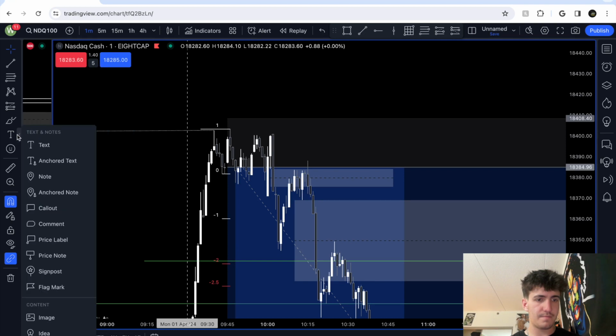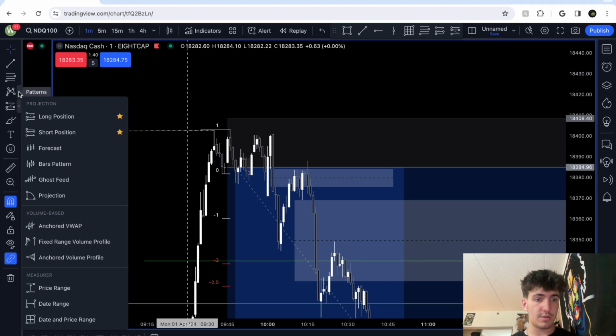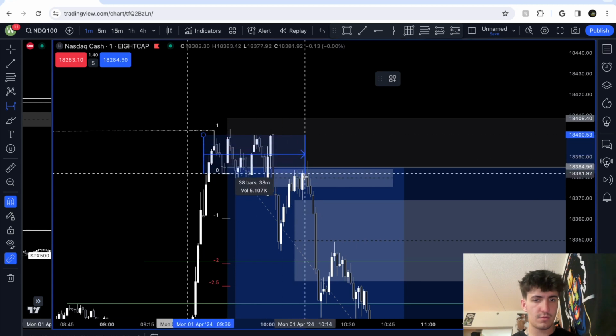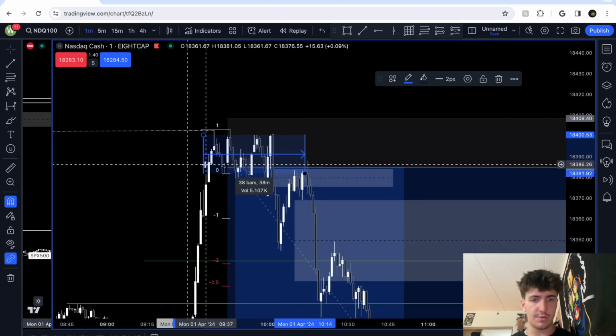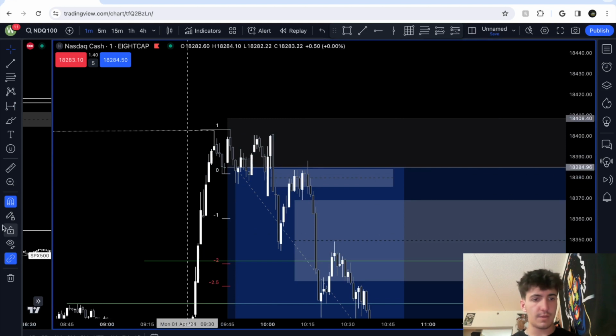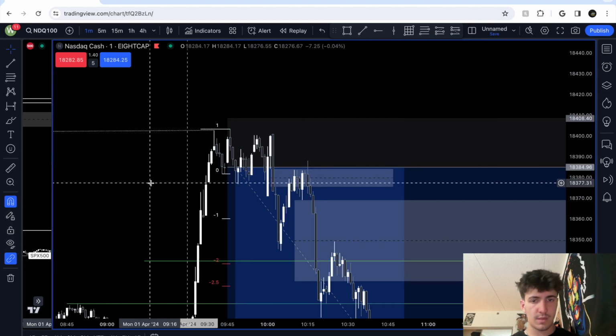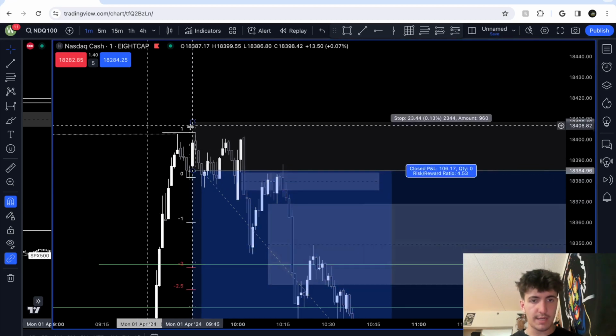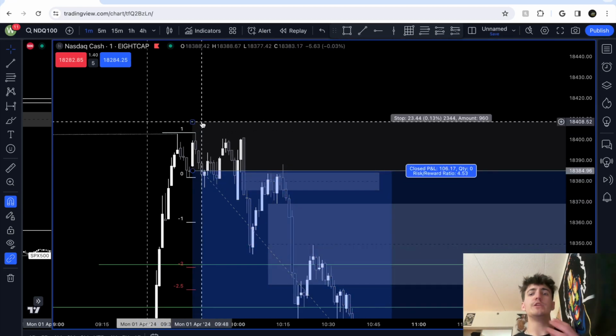But essentially, that is the structure. That right there is the structure build on NAS. I entered right when we started to reject, and I had my stop set above the SMT, which is fine. It's kind of getting in early, just getting in ready for the move.